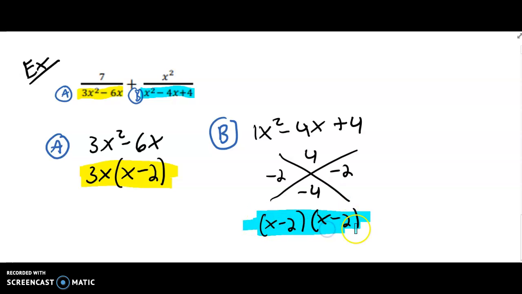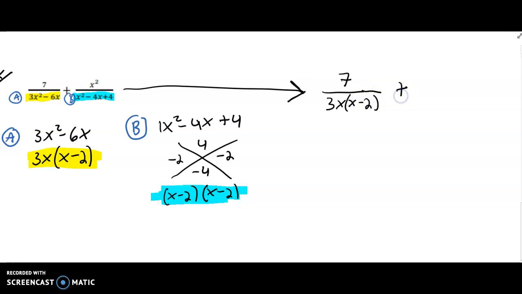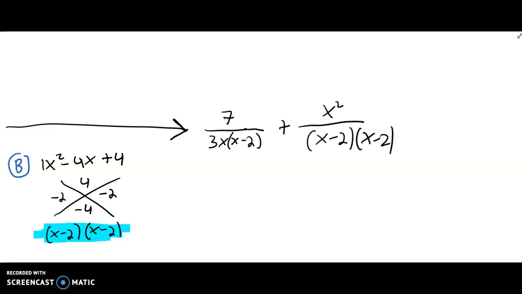Wonderful. Okay, let's put these back into the original problem. So I have 7 over 3x, x minus 2, plus x squared over x minus 2, x minus 2. So we notice they both have an x minus 2.